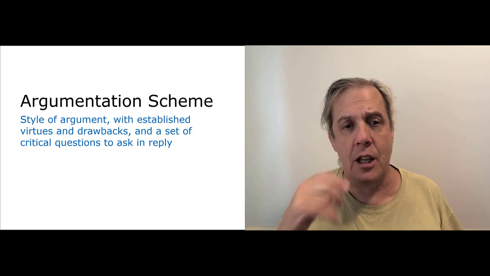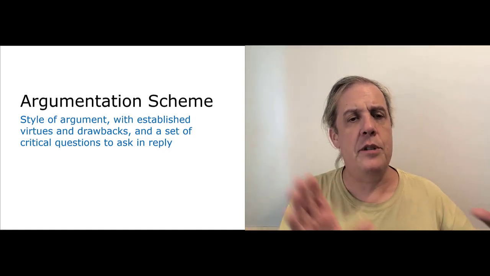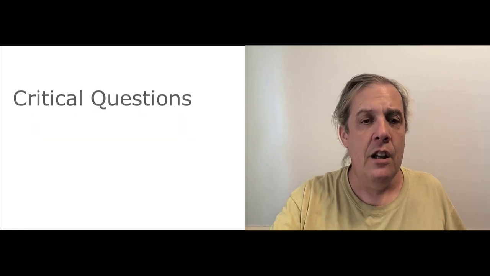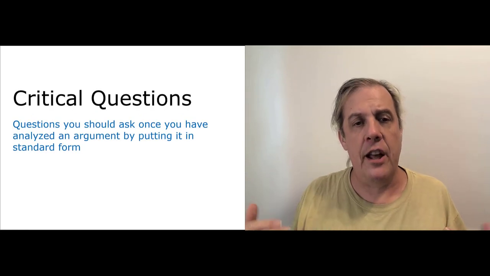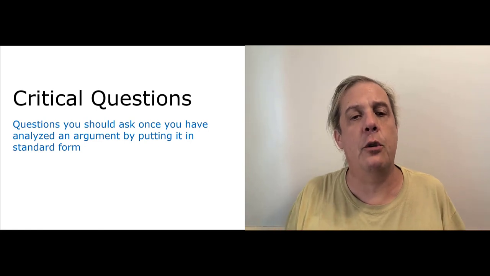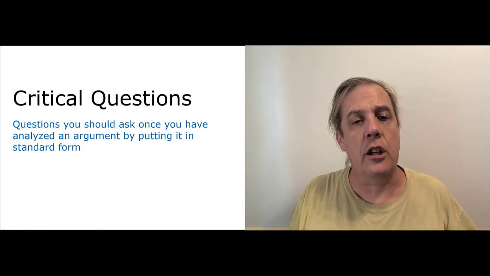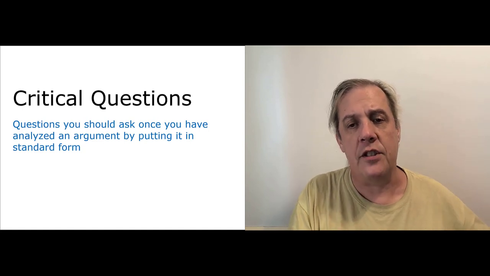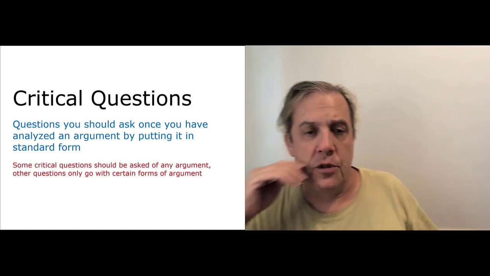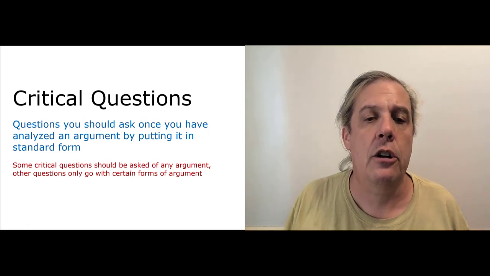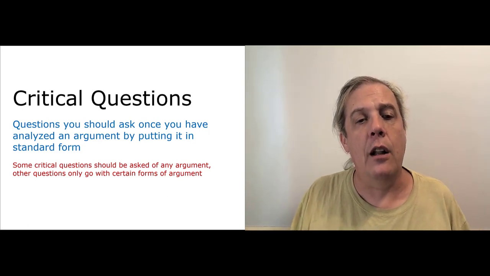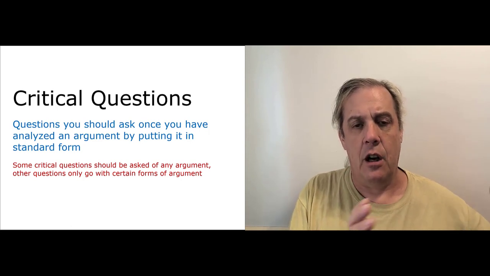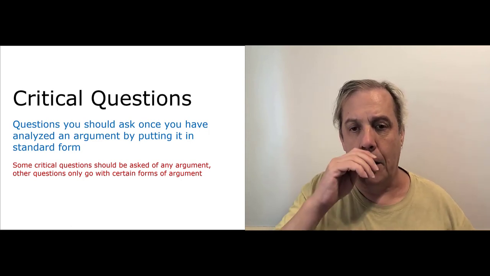So the argumentation schemes are like different subtypes of standard form. The critical questions then are things that you ask whenever you have analyzed an argument once you've put it in standard form and then one of these subtypes, perhaps. So some critical questions could be asked of any argument, while others only go with certain argument schemes or specific forms of argument.